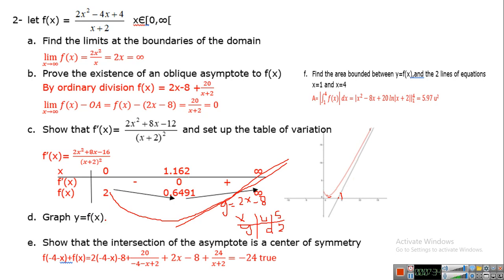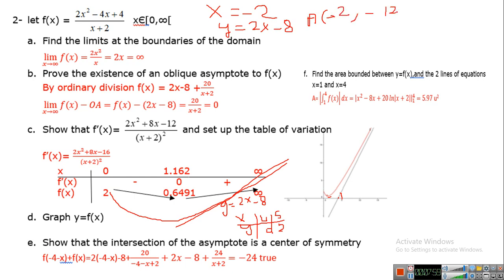Show that the intersection of the asymptotes is a center of symmetry. Here you have two asymptotes. You have x equal minus 2 vertical, and you have y equal 2x minus 8. We did this before. So if you replace x by minus 2, what do you get? Minus 12.